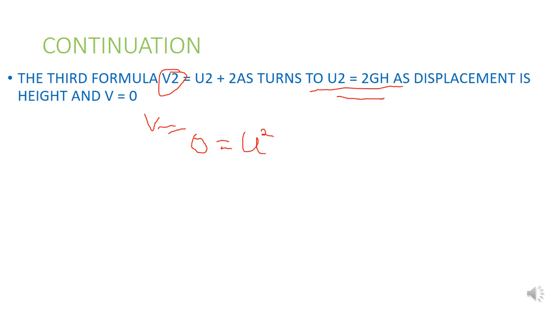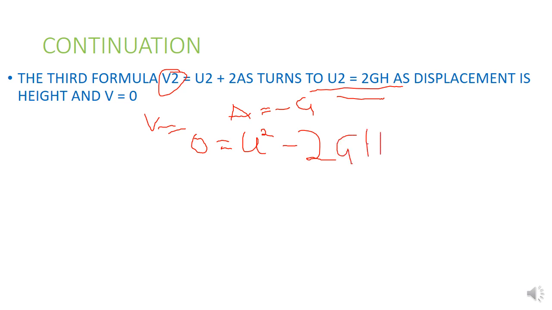minus, because remember, a is equal to, in this case the acceleration is negative g. So this thing is decelerating from downwards going to upward. It is slowing down. Decelerating is another word for slowing down. So u squared minus 2gh.